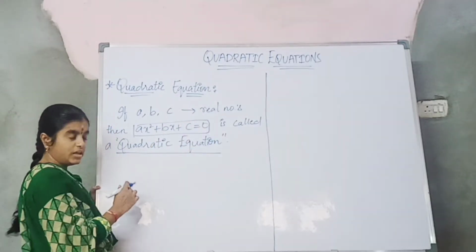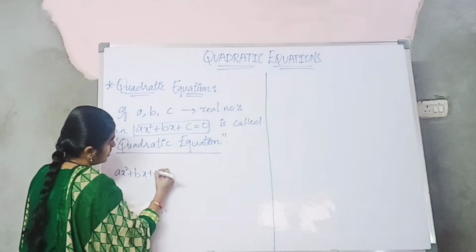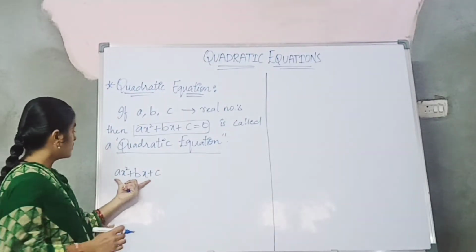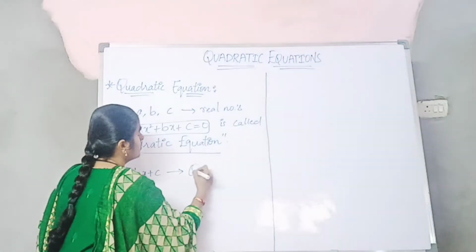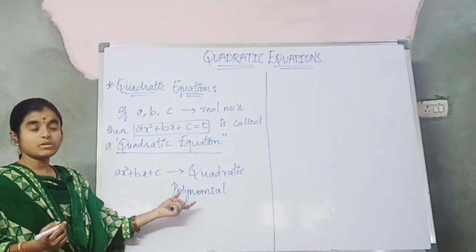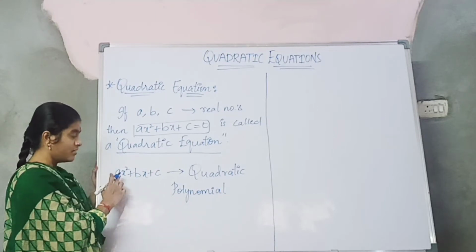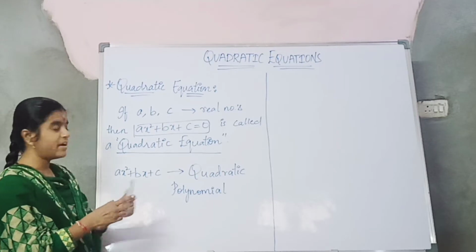Now, ax square plus bx plus c is a quadratic polynomial. Let us discuss what is quadratic polynomial and quadratic equation. Listen here, ax square plus bx plus c is a quadratic polynomial.